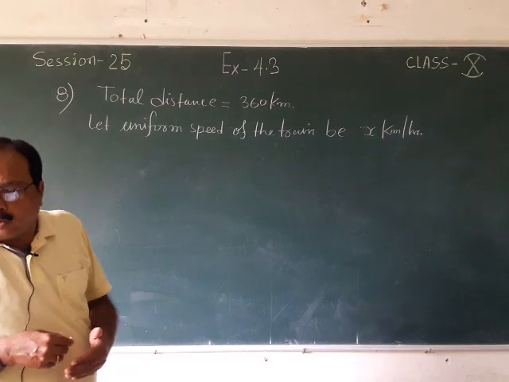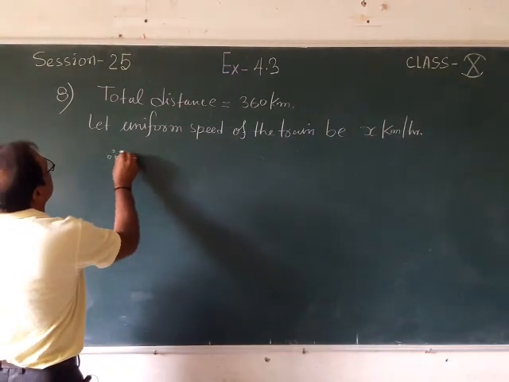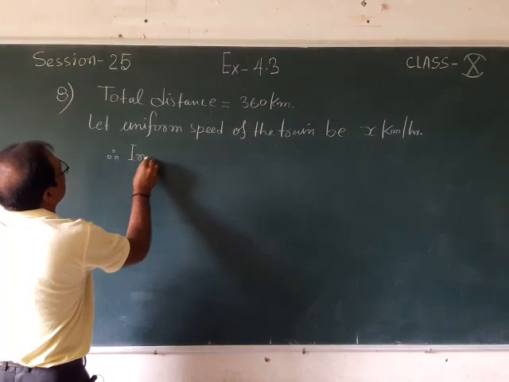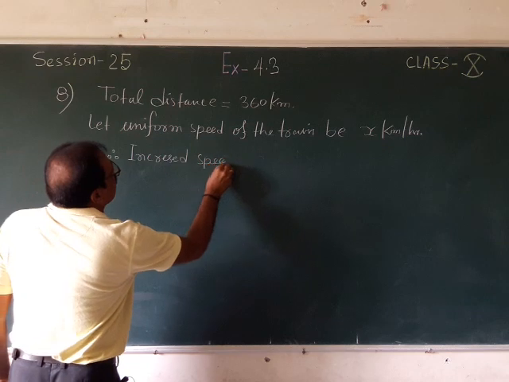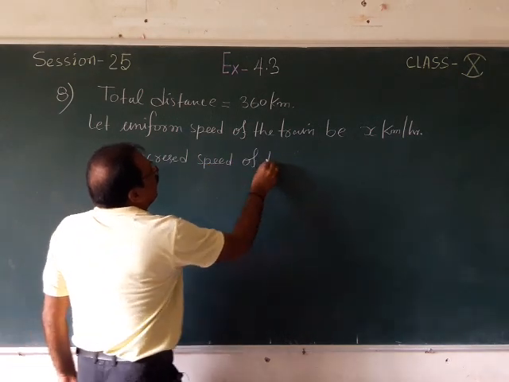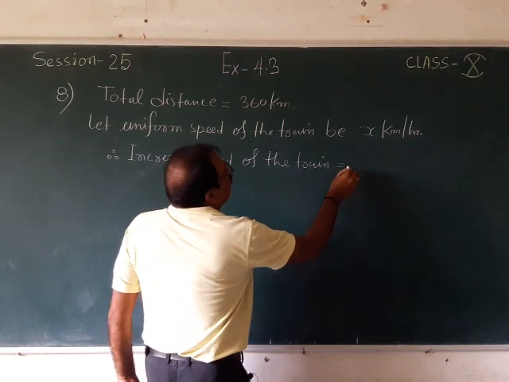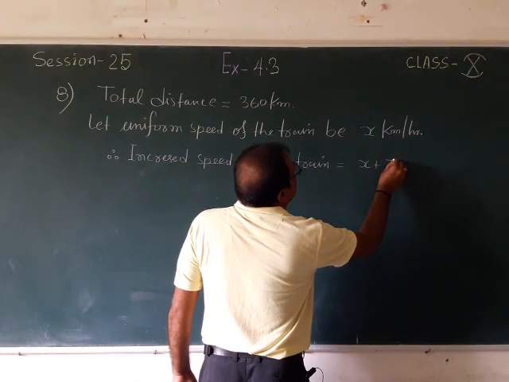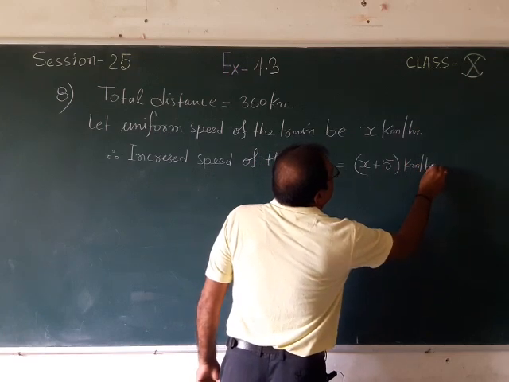And now you are going to increase the speed. Therefore, the increased speed of the train will be x plus 5 km per hour.